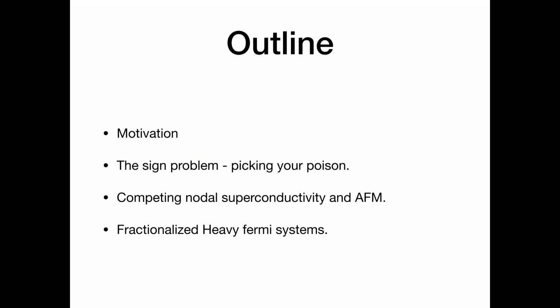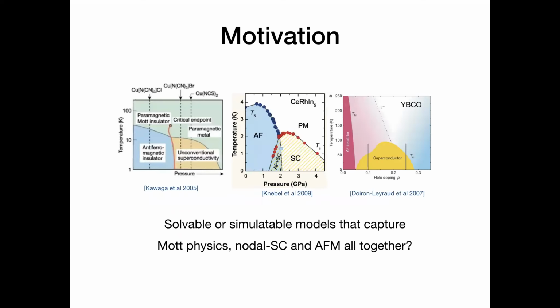The first part of my talk will be on unconventional superconductivity in correlated systems, and I don't have to say much to motivate this topic, because it's such a big field in itself from this experimental point of view.